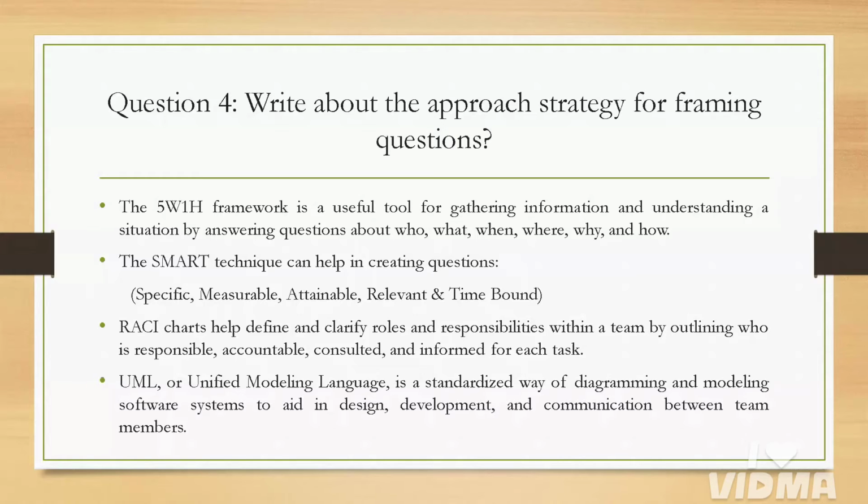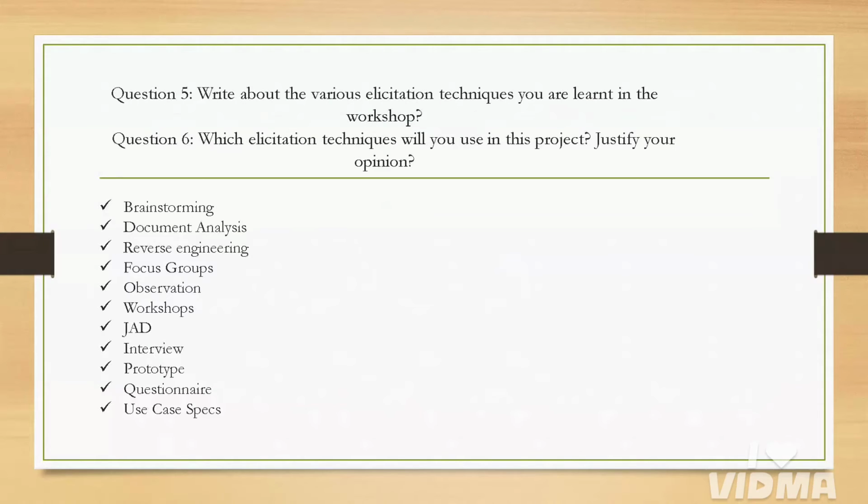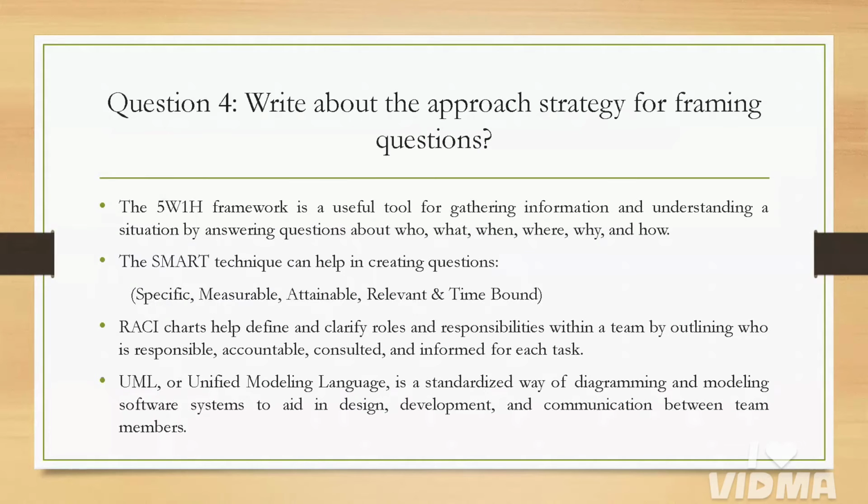Whatever requirements we have collected, we represent visually: how they will be added to the system, how actors will interact with the system, what the functionalities are, and how the workflow will be. Everything is represented visually so that stakeholders in the organization can understand. It plays a crucial role, and that's how we need to add it.